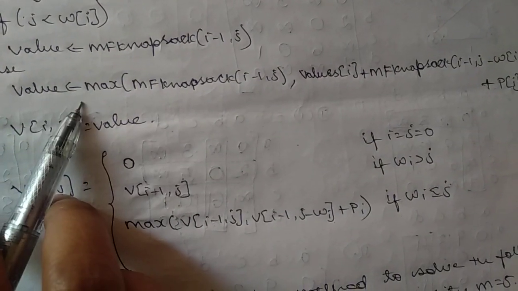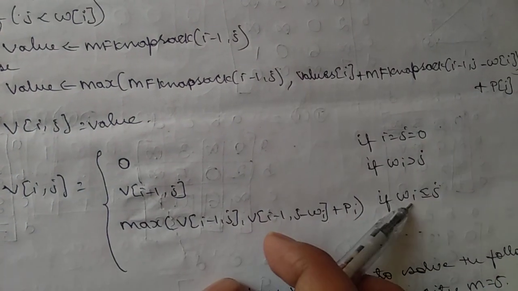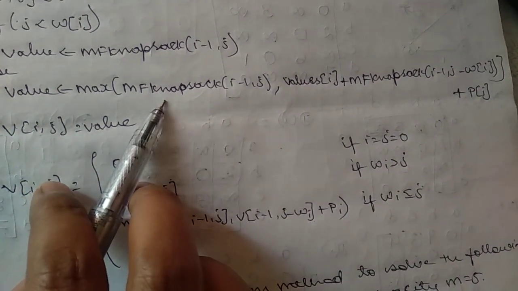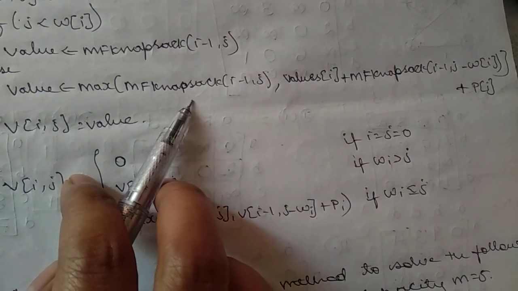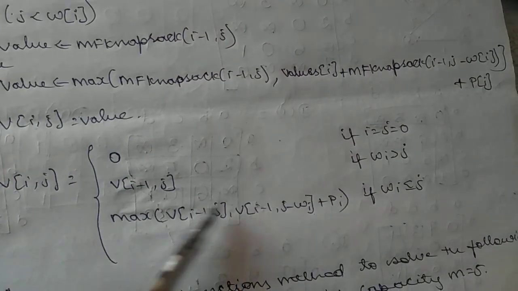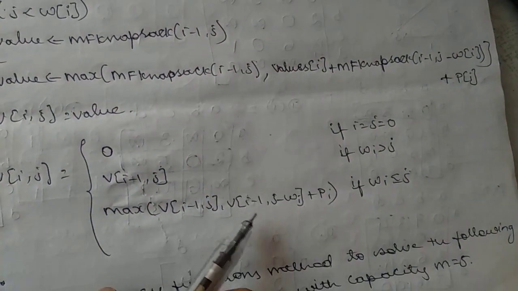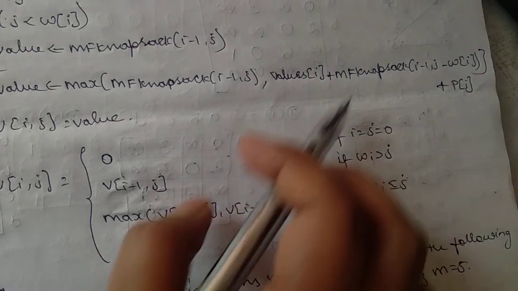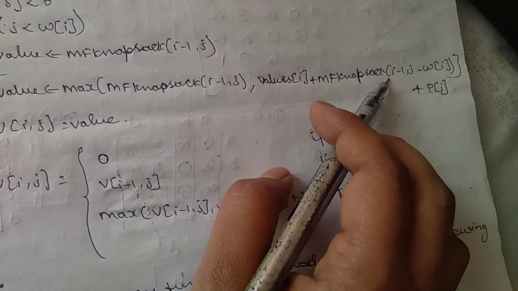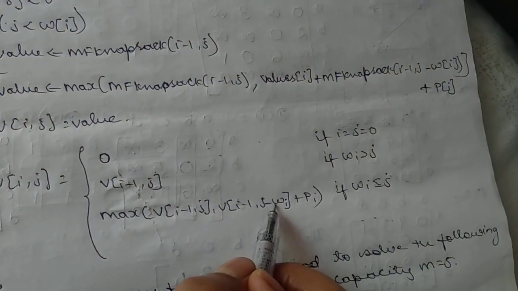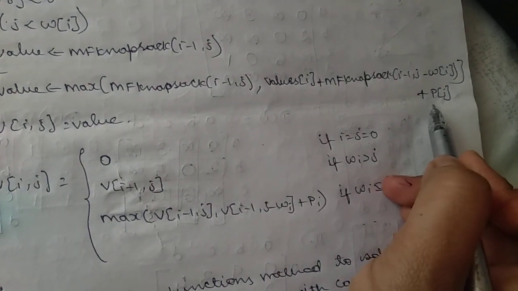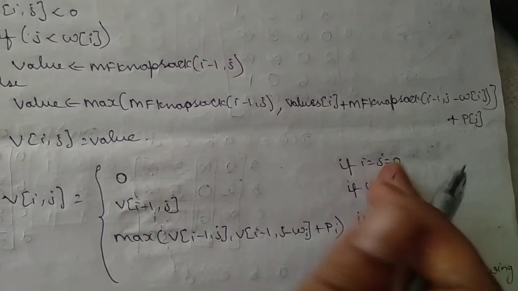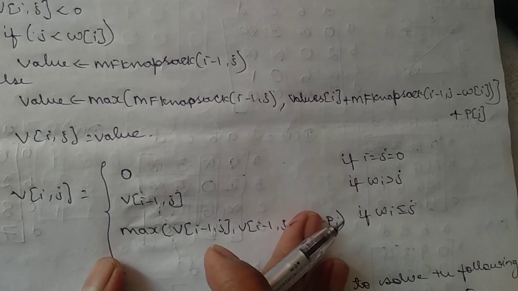Else, if Wi is less than or equal to j, then you have to use MF knapsack, that is memory function knapsack of i minus 1, j, and then MF knapsack of i minus 1, j minus Wi plus Pi. This is the profit. This is how you have to compute. This one you know, is it not?